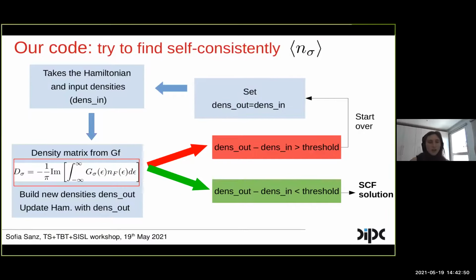So going back again to our self-consistent process, we only have to substitute the way in which we obtain the spin densities in each iteration, for which we will use the Green's function, which we will integrate along an energy contour, which actually is extracted from a TranSiesta calculation.